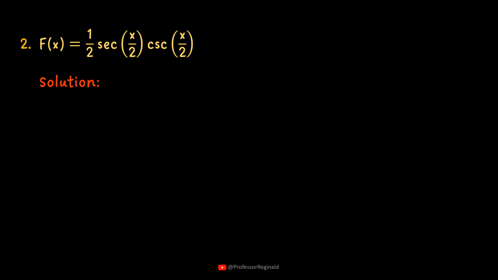Number 2. F of x equals 1/2 of the secant of x over 2 times the cosecant of x over 2. Solution. To simplify the differentiation process, rewrite f of x using the reciprocal double angle identity, where alpha equals x over 2.